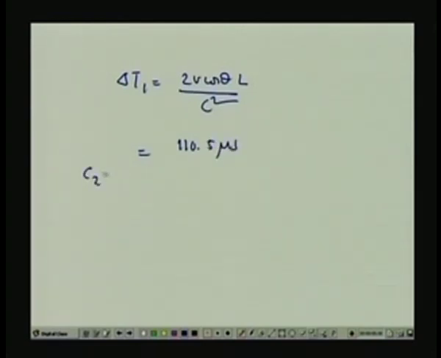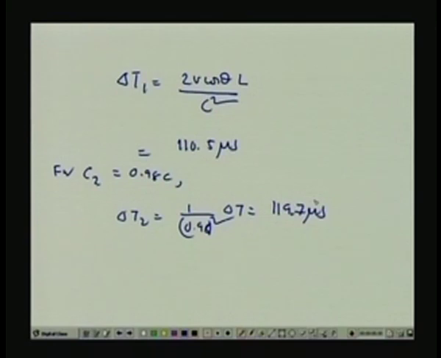So, for C2 equal to 0.98 C, we have delta T2 equal to 1.02 by 0.98 whole square into delta T, equal to 119.7 microsecond.